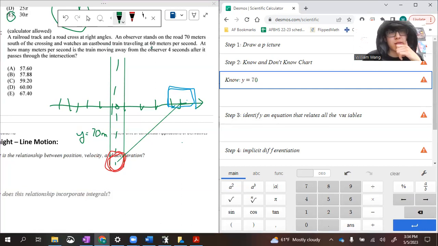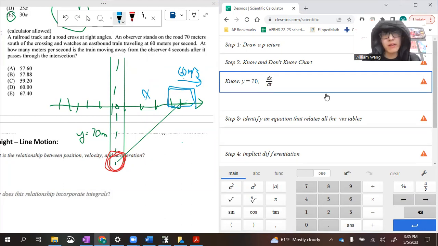Watches an eastbound train traveling at 60 meters per second. So this train here is traveling at 60 meters per second. Well, what's that variable name? I'm going to give this train the x value, I'm going to name it x. Which means if x is increasing at 60 meters per second, really 60 is dx over dt, the rate of change of x.